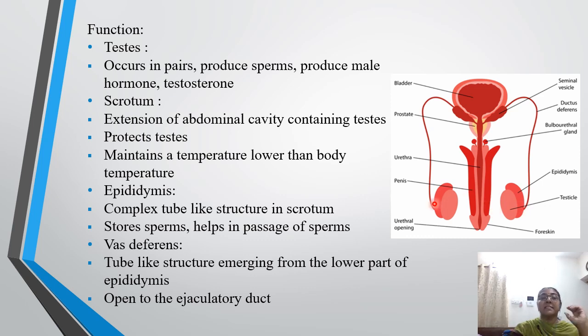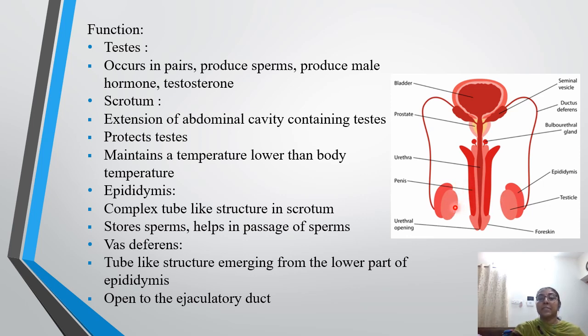The testis is placed outside the abdominal cavity, with a covering we call the scrotum. This scrotum skin layer protects the testis, and since it is placed outside the abdominal cavity, it can maintain a lower temperature than the body temperature.